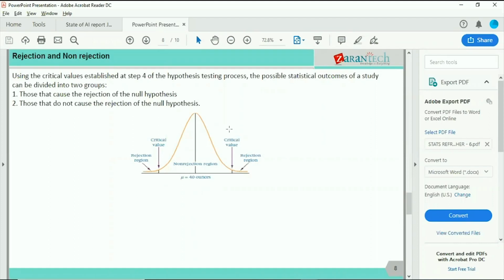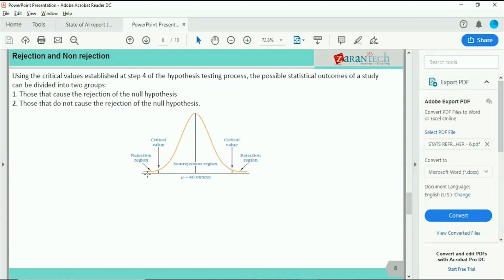So if our results lie in this non-rejection area, we do not reject the null hypothesis. If it lies in the rejection region, we reject the null hypothesis. So basically we always reject or fail to reject the null hypothesis.